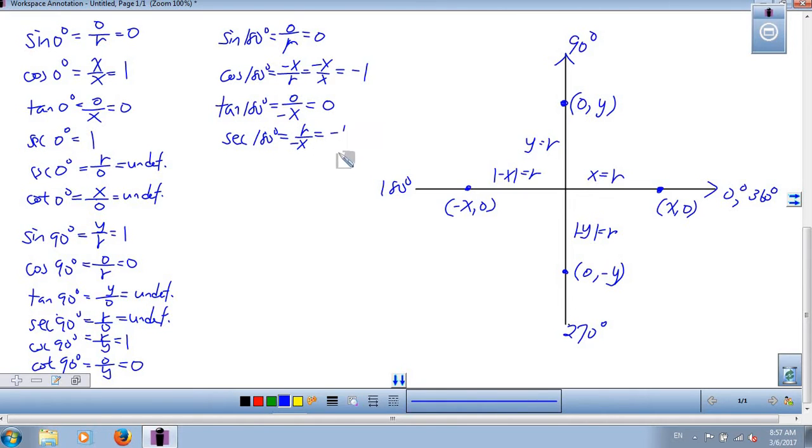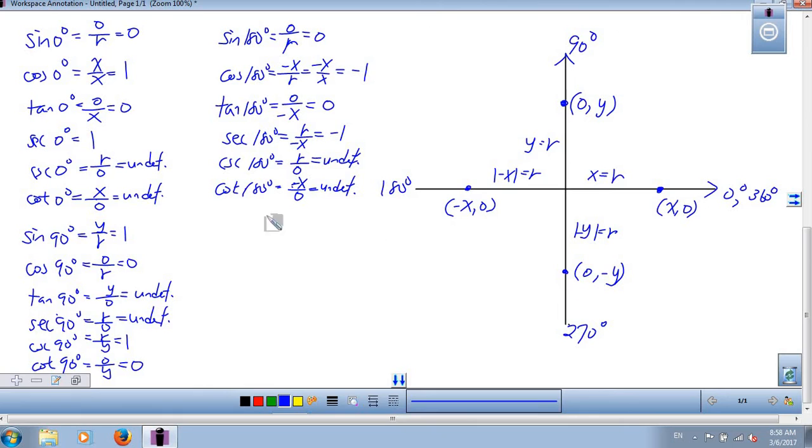Okay, so that will be negative 1 as well. In this case, r is equal to x. Cosecant of 180 degrees is going to be equal to r over y. Y is 0, so it's undefined again. And the cotangent of 180 degrees is also going to be undefined, as you can see, because it's going to be negative x over 0, so it's undefined again.